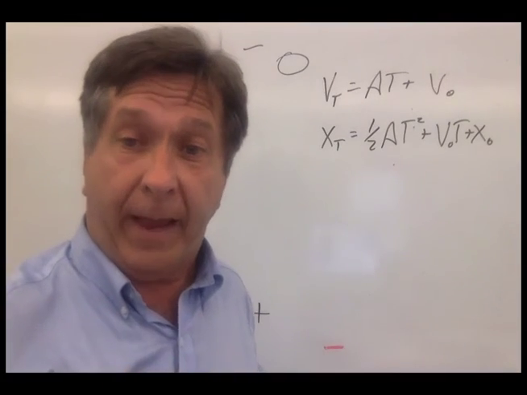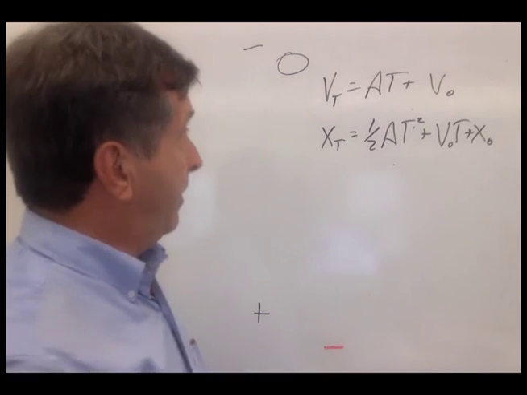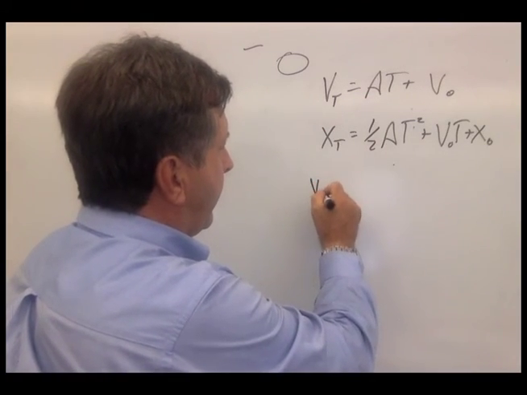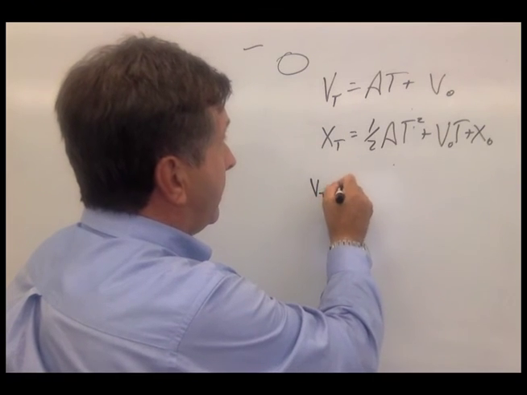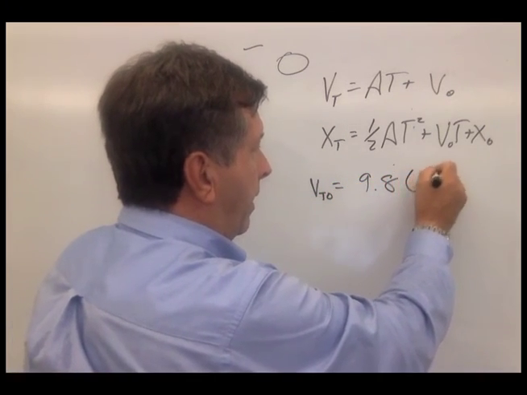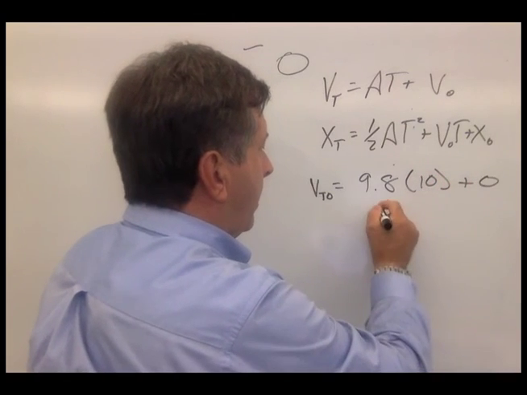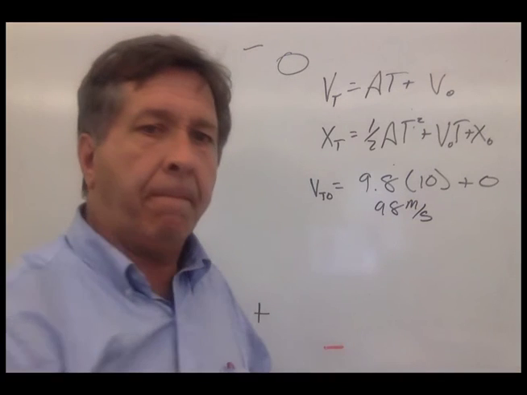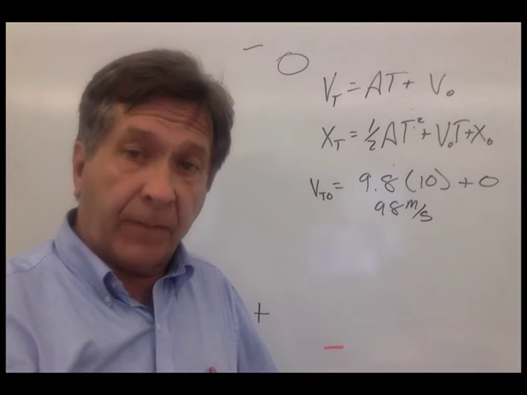It's down, and I'm calling down positive. So my velocity at time t, velocity at 10 seconds, is equal to 9.8 times 10 plus 0, which is equal to 98 meters per second. That's his velocity in 10 seconds.